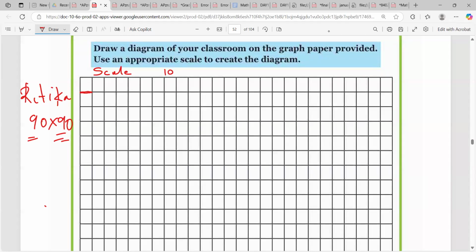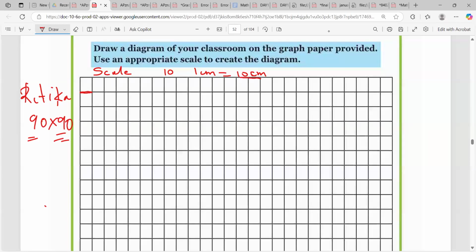So instead of 1 centimeter representing 1 centimeter, we can say 1 centimeter is equal to 10 centimeters. So this 1 centimeter is no longer representing 1, even though its actual measurement is 1, but just like with a map, it's going to represent 10 centimeters.